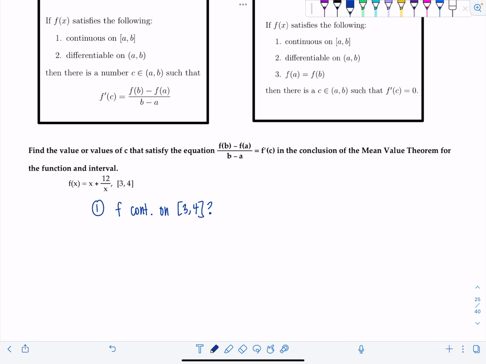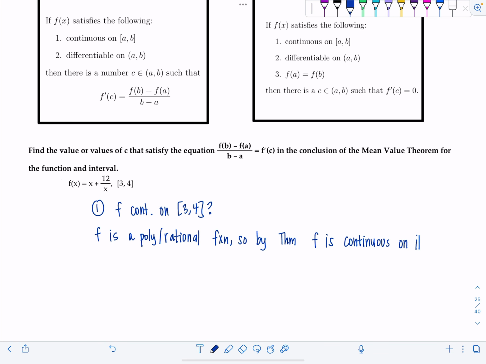So can you tell by looking at f of x what kind of function it is? I see x. That lets me think it's a polynomial, which it kind of is. And then 12 over x, that's a rational function. So basically f is a rational function. But if you want to say it's a polynomial and a rational function, that's fine. So by our little theorem, which doesn't have a name, so I'll just write theorem, f is continuous on its domain.